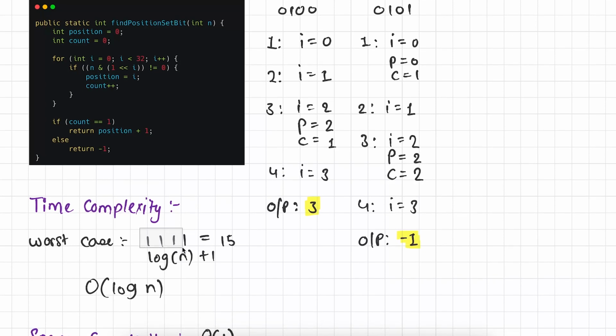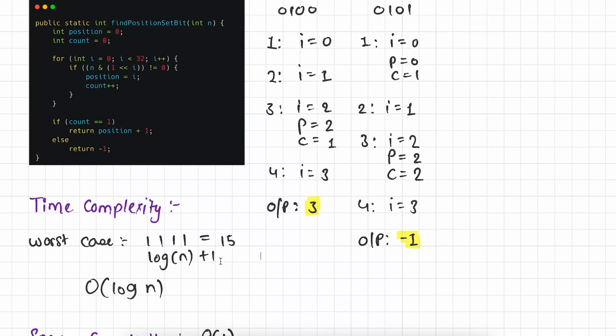Now talking about the time complexity of this function, it might be possible that in the worst case, you get a number like this, 1, 1, 1, 1. If you get this number, then you have to traverse all the bits, obviously, to check the set bit. This number is 15, and if you take the log of this number, you can find the number of bits required to represent it.